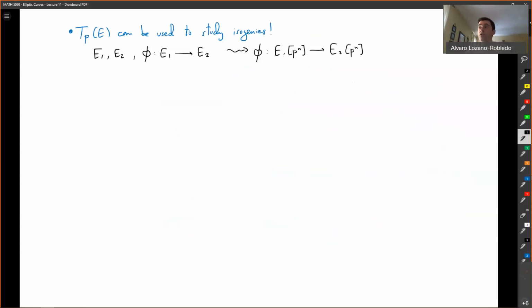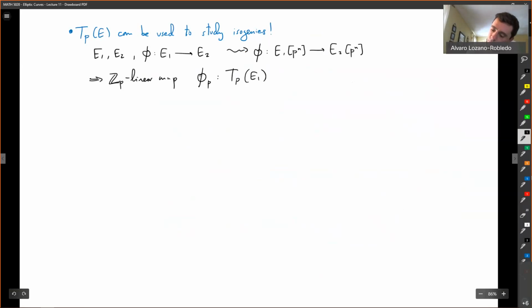It's the restriction to the p to the n torsion, and it induces a Z_p linear map between Tate modules. Okay. So there is then a map from homomorphisms between E1 and E2 to the homomorphisms between Tate modules.